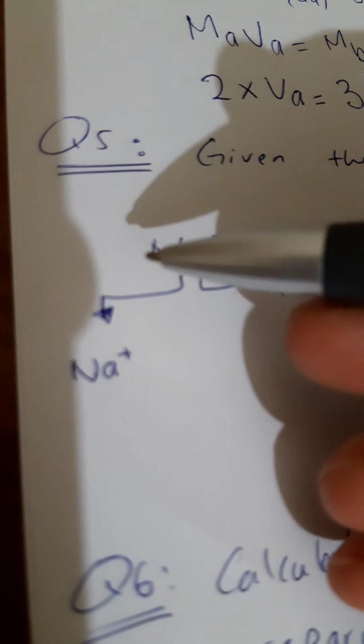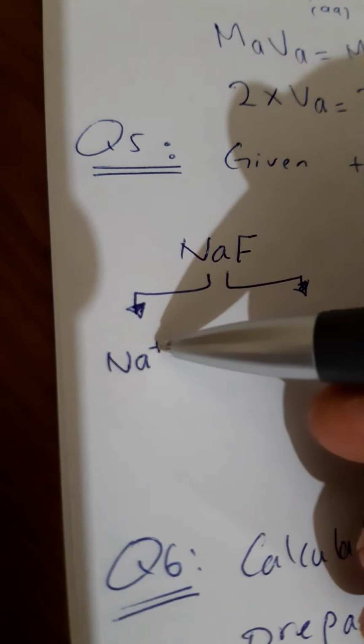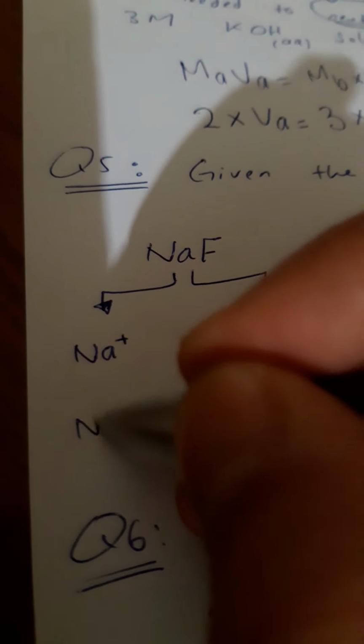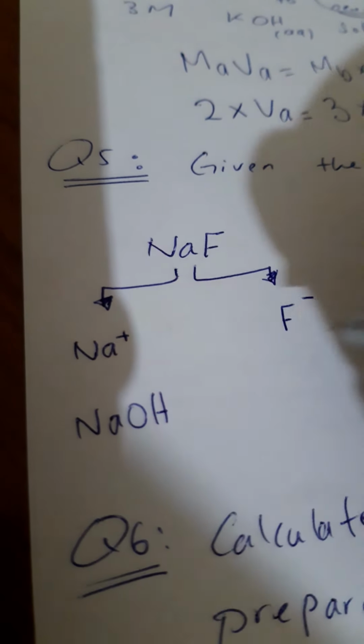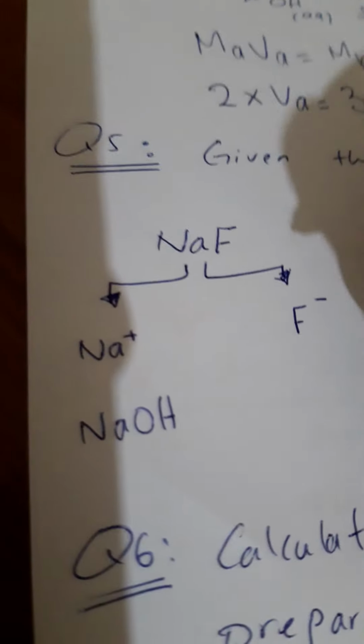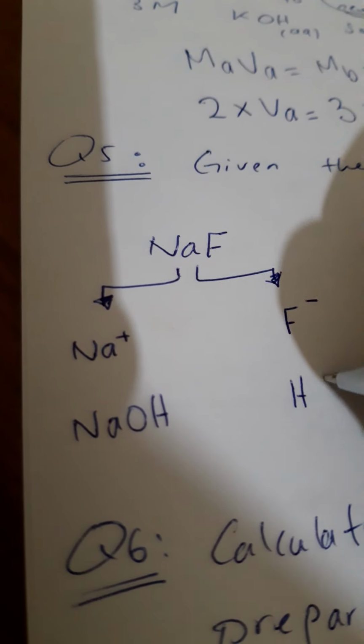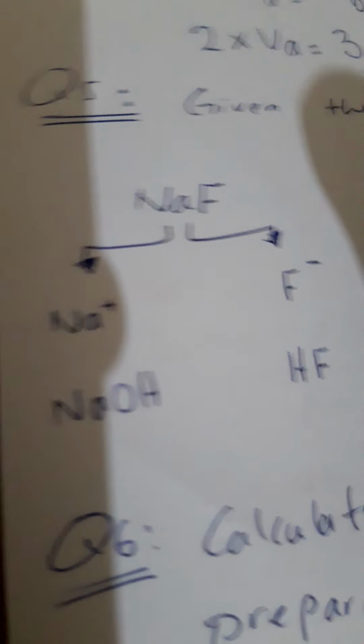The positive ion, make it base, bring back the hydroxide ion. You have 1 positive charge, so it needs 1 hydroxide ion, so it's NaOH. The negative ion, give it back hydrogen ions to have hydrofluoric acid.